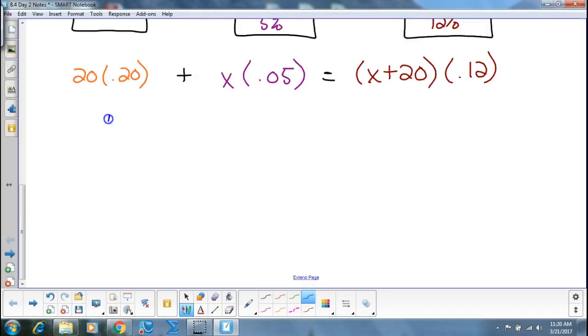So this one we said was 4. What's the middle one? 0.05x.